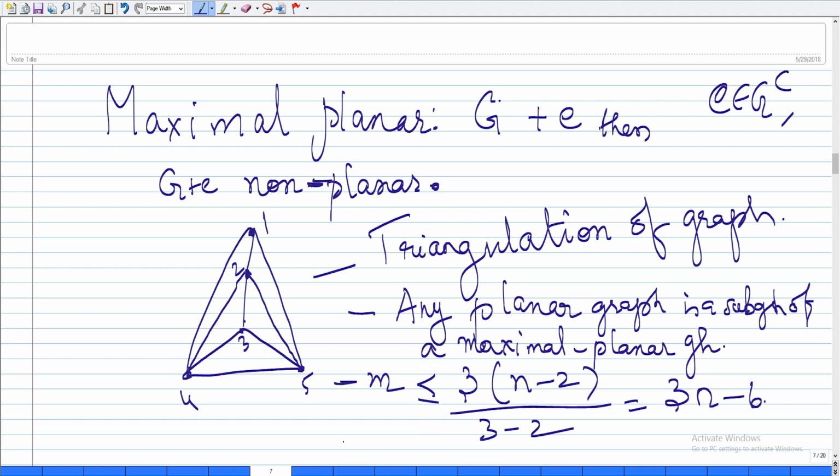Is there any other property we can capture out of this? You have all read about connectedness, the number of vertices you need to remove to make the graph disconnected.